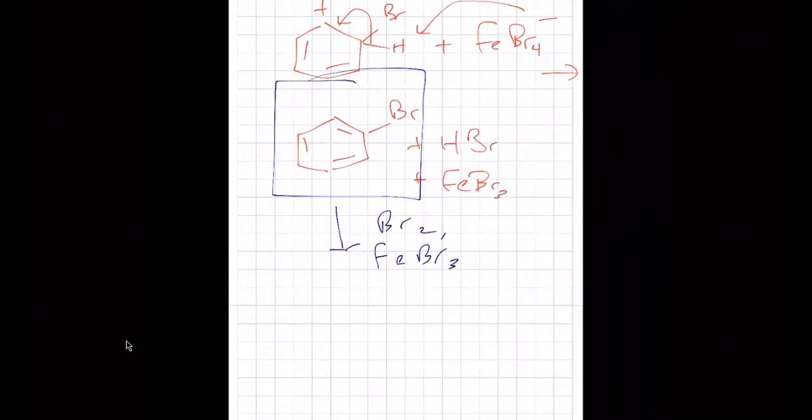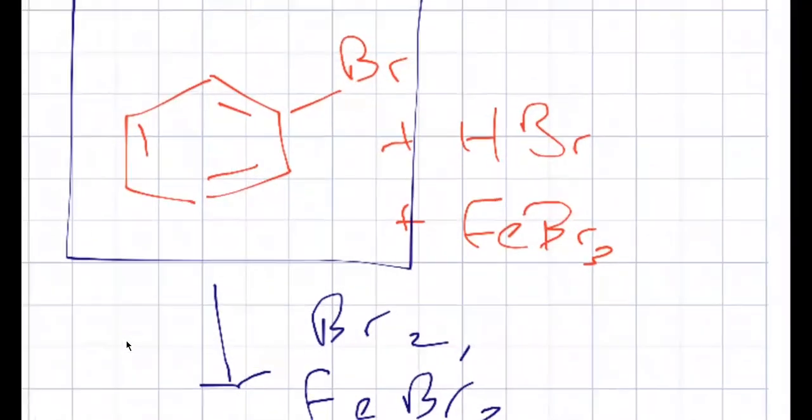So what do you think? If I brominate the product, if I add another bromine to it, where's that other bromine going to end up? At the other double bonds. Okay, so when we think about it, the ring is substituted.